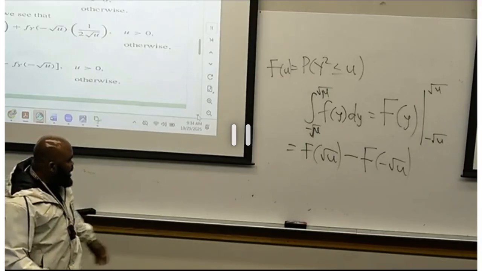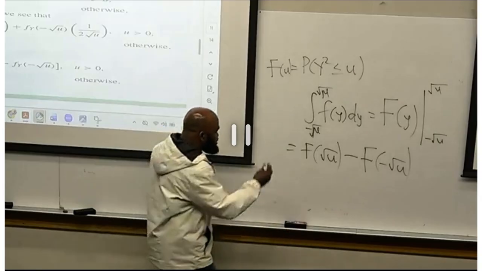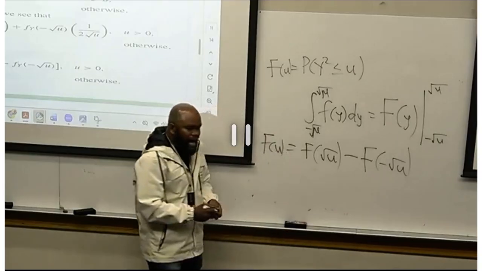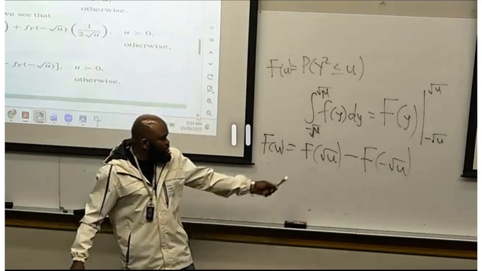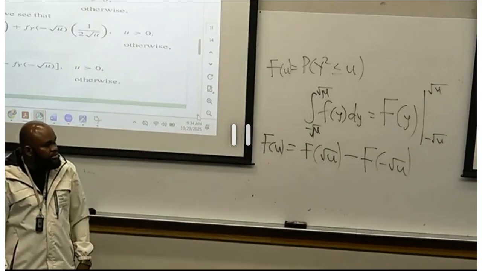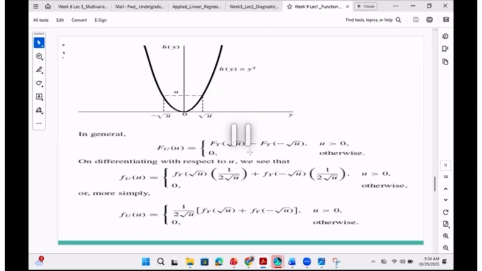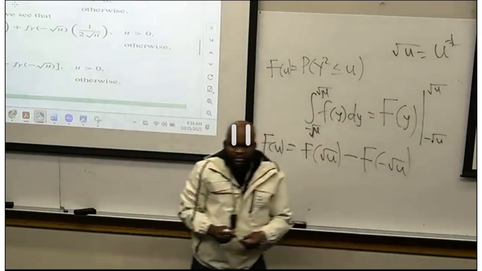Now, what I have here is the CDF, and I want to get a PDF. I'm going to differentiate this guy. Please pay attention. How do we differentiate it? Square root of u actually means u raised to power half, mathematically.